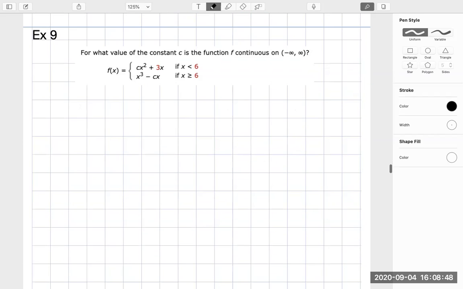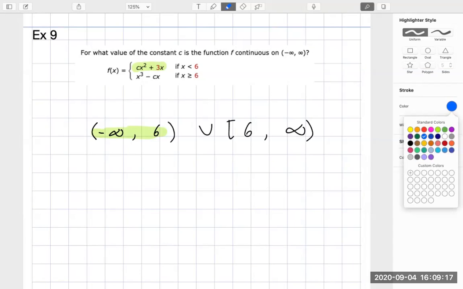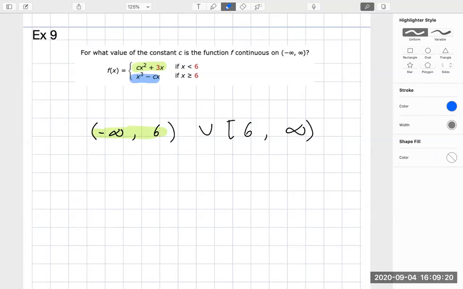In another example, it is interesting. Now, the function has 2 branches. The first branch will be from negative infinity to 6, and the second branch will be from 6 to infinity, right? So this polynomial is continuous on this interval, and this polynomial is continuous on the second interval here.